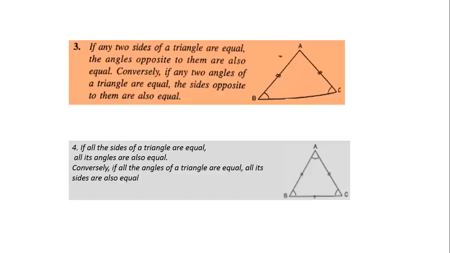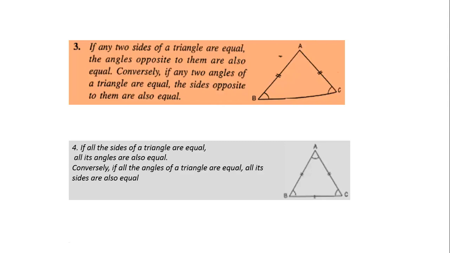If any two sides of a triangle are equal, the angles opposite to them are also equal. See, if two sides of a triangle are equal, we know that such a triangle is known as an isosceles triangle.